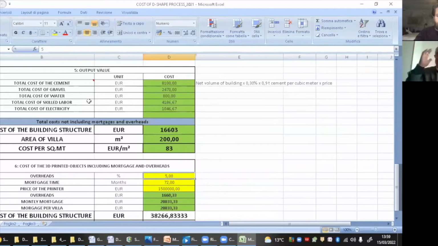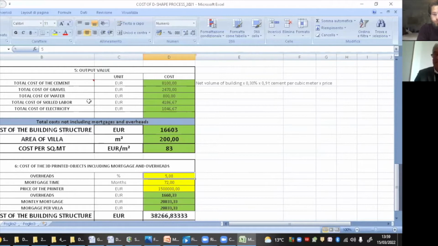Usually in Italy, the cost of an entire home, a turnkey home, depends. I know people that can offer you a turnkey home at only 1,250 euros per square meter. That is very cheap.